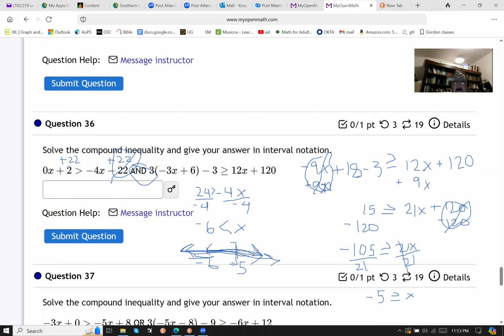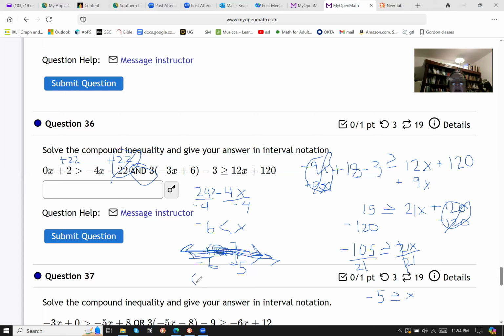All right, now for our final answer, we need to take only where there is overlap between these two graphs. So all the x's greater than -6, but less than or equal to -5 would be this region here.